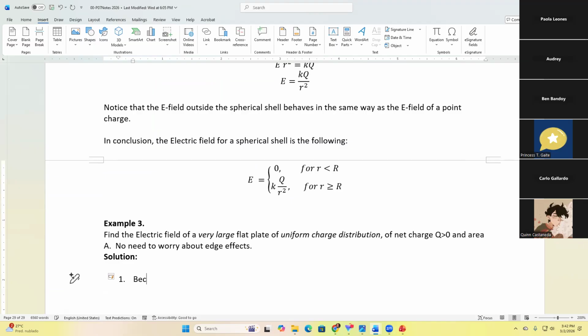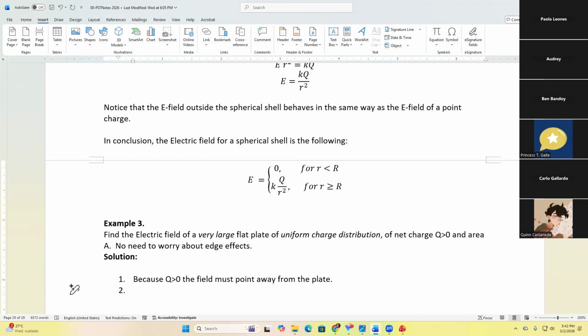One, because Q is greater than 0, the field must point away from the plate.